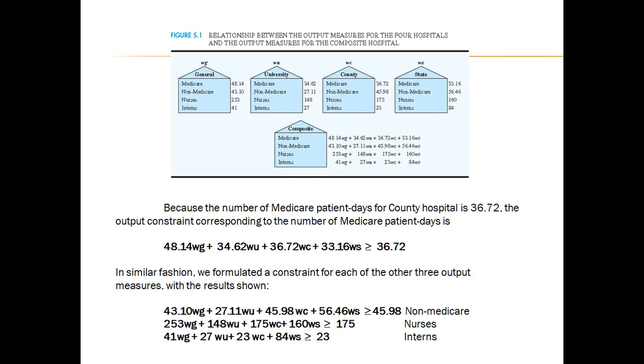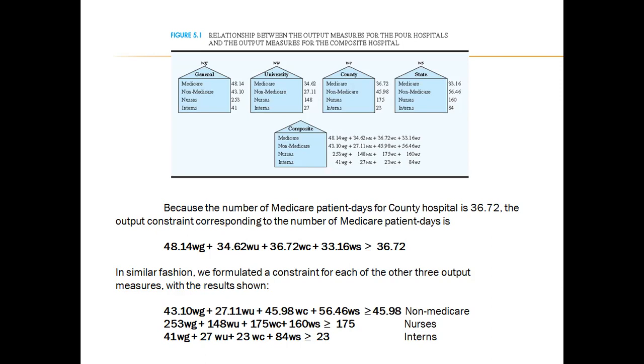So for Medicare 36.72, the output constraint corresponding to the number of Medicare patient days is 48.14 WG plus 34.62 WU plus 36.72 WC plus 33.16 WS is greater than or equal to 36.72.